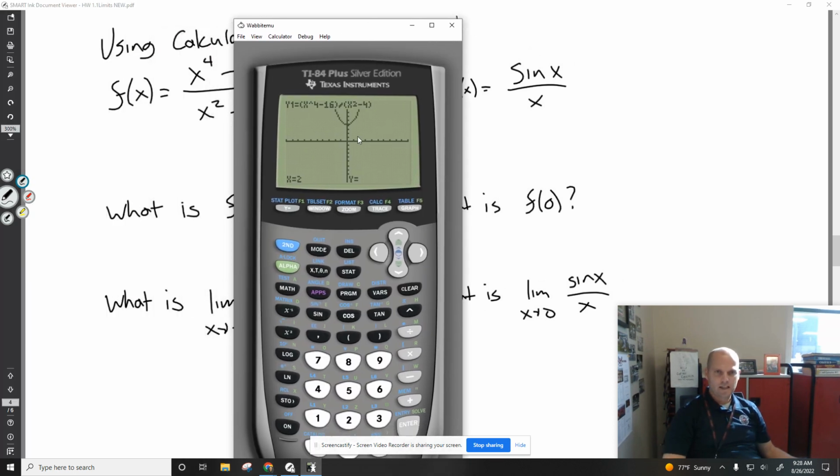But you can see that at 2, it looks like we have values there. If you, after pressing trace, go to the left and to the right of 2, it looks like there's a value there. What your calculator doesn't show is that at 2, there's a hole. There's some hole that's missing, which means we are going to be approaching that y coordinate. Now, how can we get that?